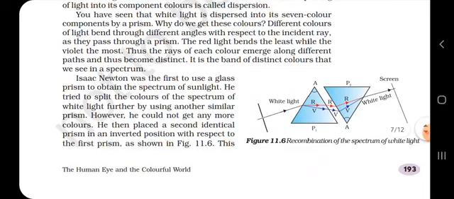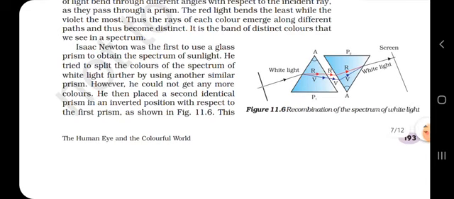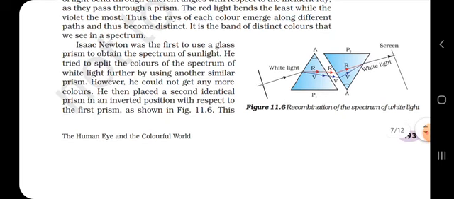Then the second experiment: he placed a second identical prism in an inverted position with respect to the first prism. Whenever the white light passed through the first prism, it made the 7 colors.